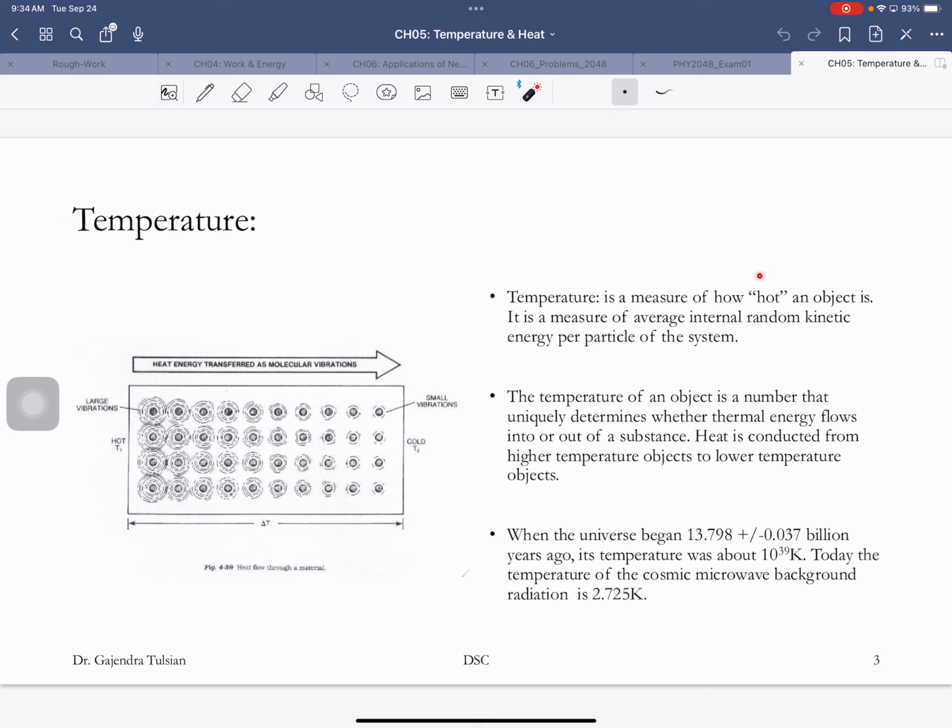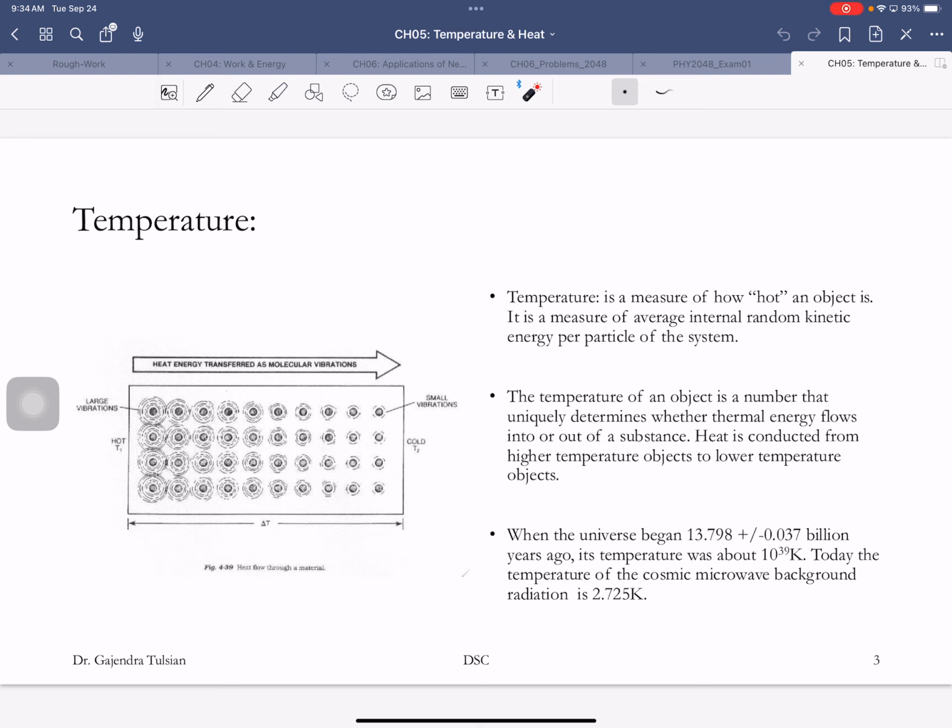Temperature is a measure of how hot an object is. It is a measure of the average internal random kinetic energy per particle of the system. That's a mouthful. I'll just illustrate one word for you. It says average internal random kinetic energy. What does that mean?